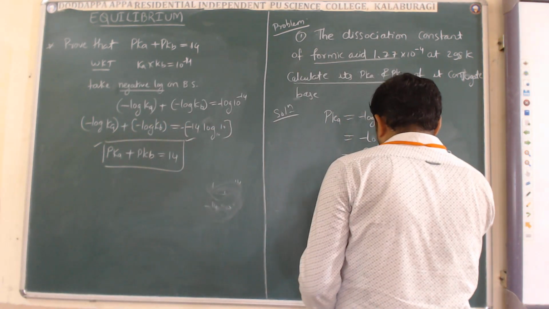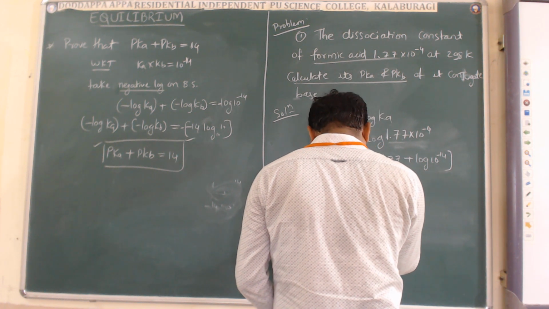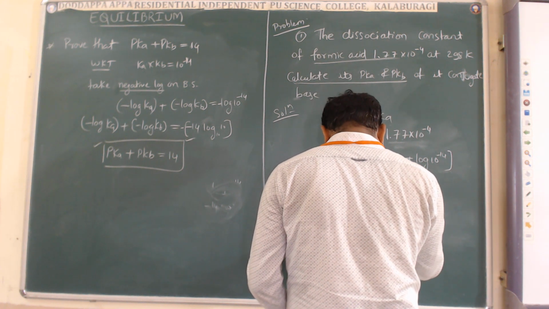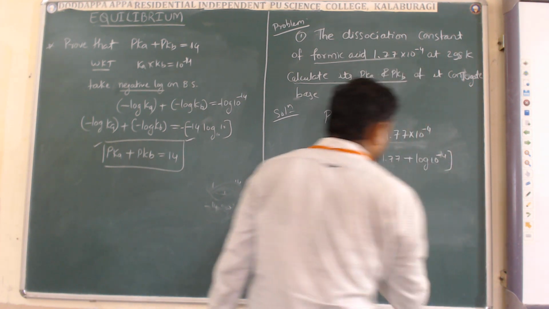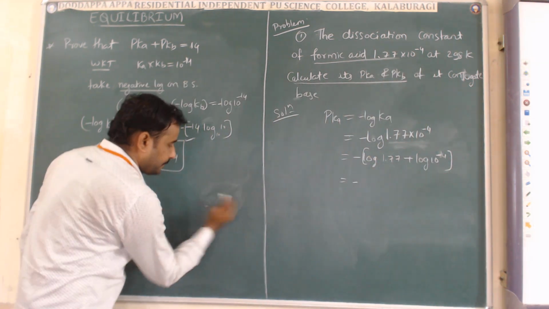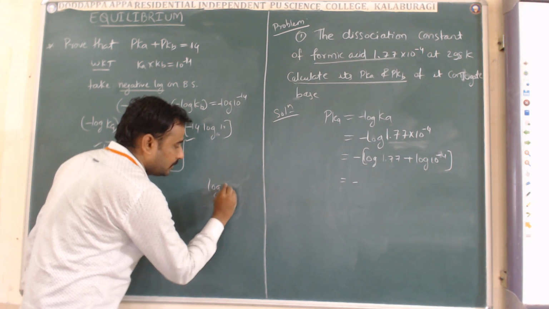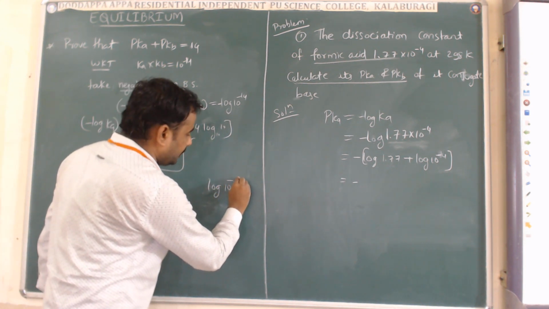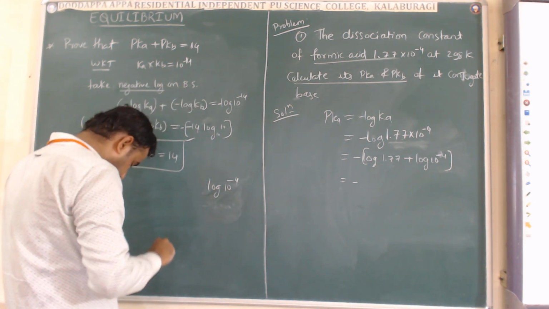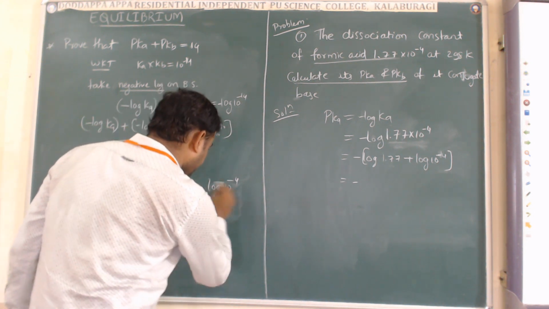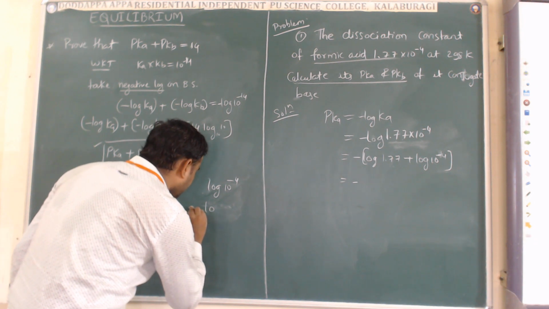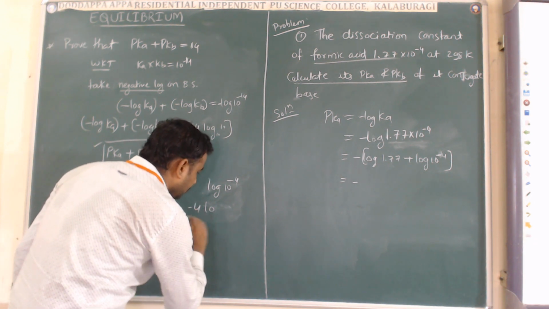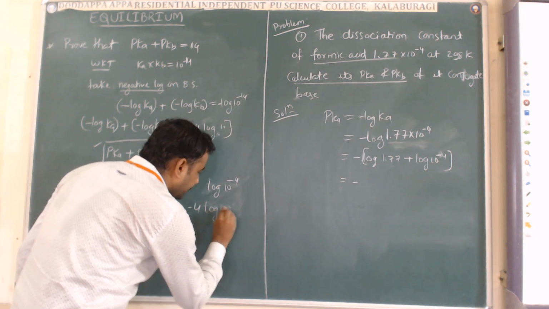So keep it directly, that is a minus log of, sorry, here it is minus 4, sorry. Log 10 raised to minus 4 is there here. Suppose it is having the minus 4, then m raised to n means minus 4 log to the base 10.